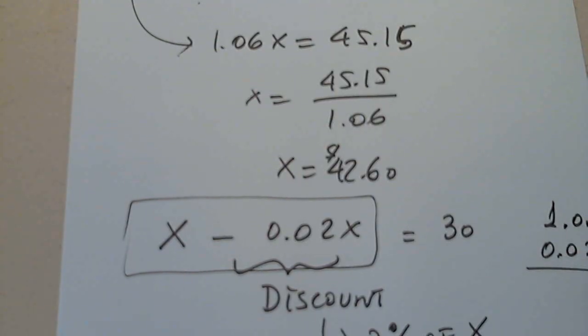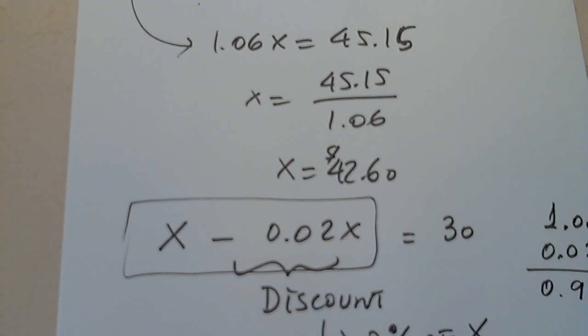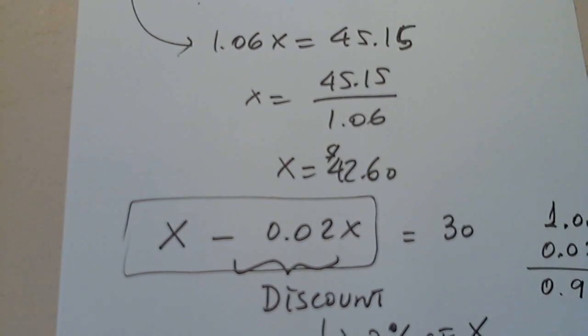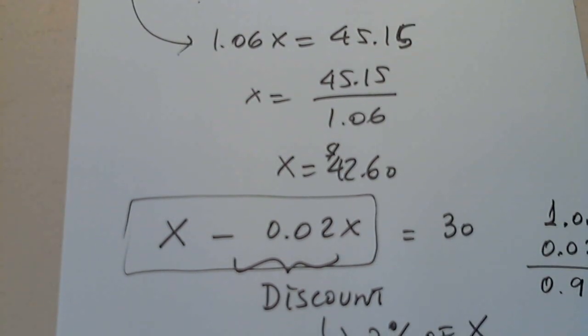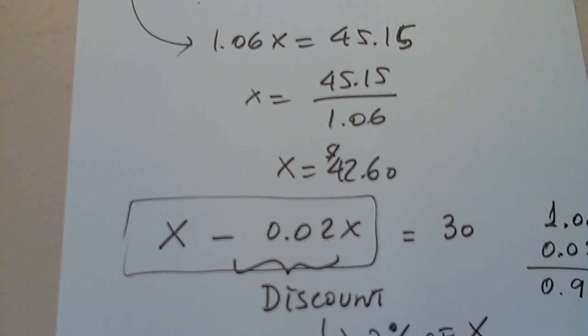Remember the decimal point. 2 from 10 is 8, but I borrowed from here. So I have 98. So 0.98. From $1, I subtract 2 cents. From 100 cents, I subtract 2 cents. I have 98 cents.